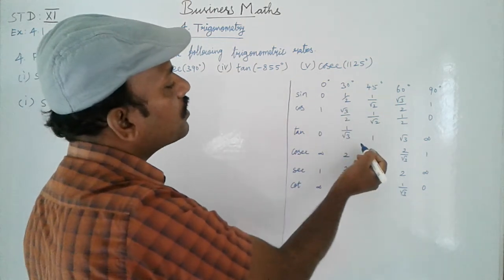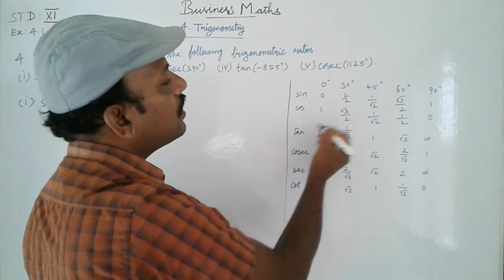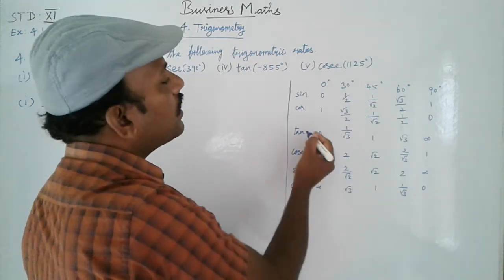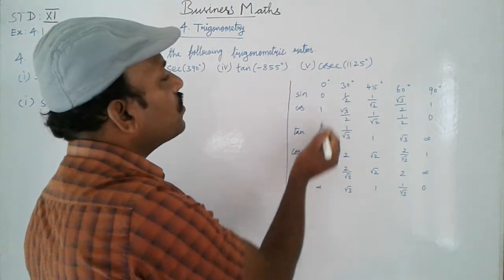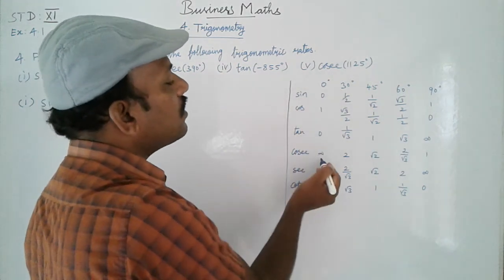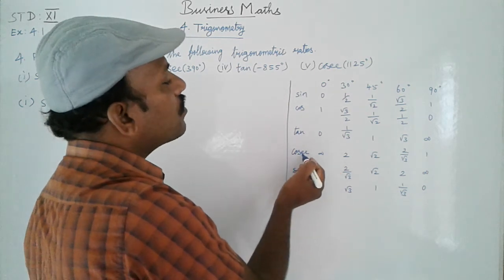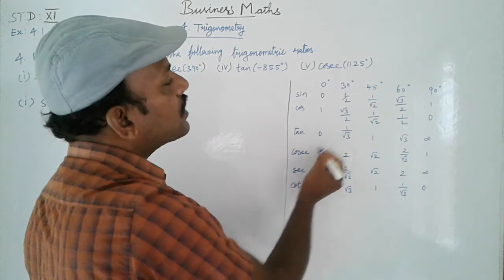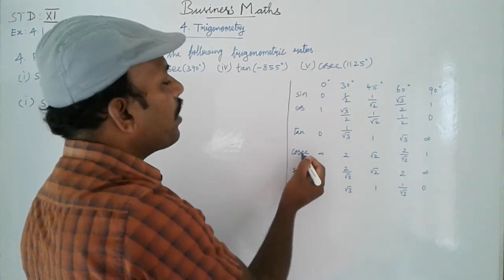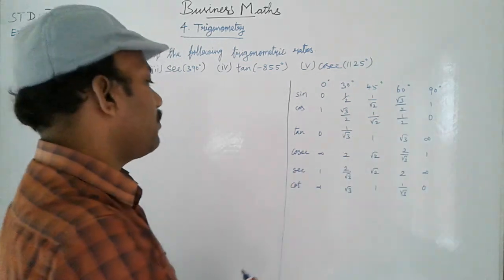Next, tan value: tan 0 is 0. Tan 30 is 1 by root 3. Tan 45 is 1. Tan 60 degrees is root 3. Tan 90 degrees is not defined. Cosecant value: cosecant 0 is not defined. Cosecant 30 is 2. Cosecant 45 is root 2. Cosecant 60 is 2 by root 3. Cosecant 90 is 1.